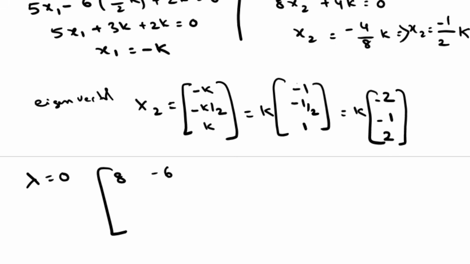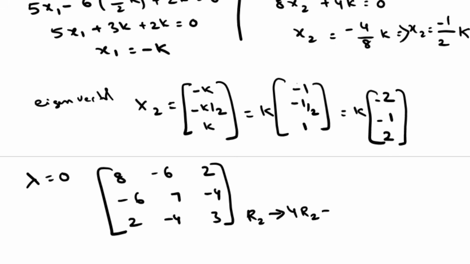8 6 2 minus 6 7 minus 4 2 minus 4 3. By doing row transformations, R2 implies 4R2 plus 3R1 and R3 implies 4R3 minus R1.